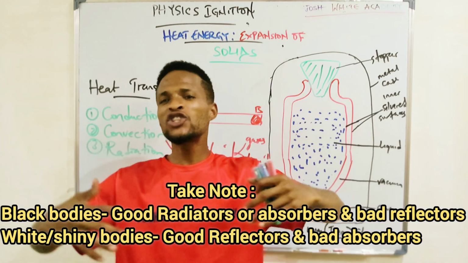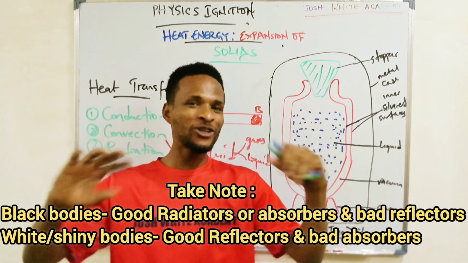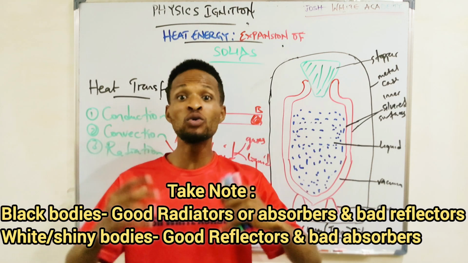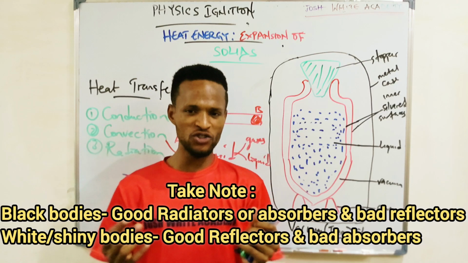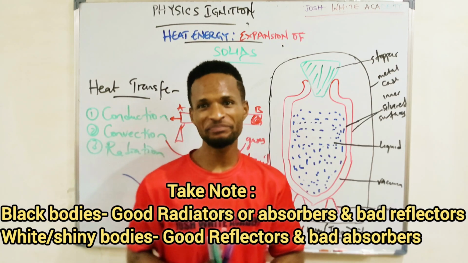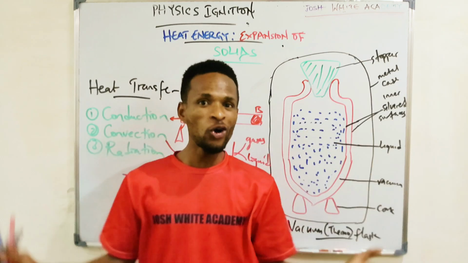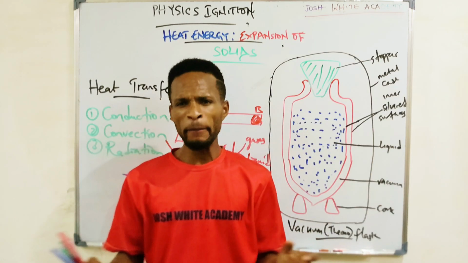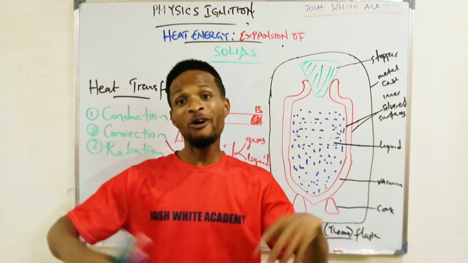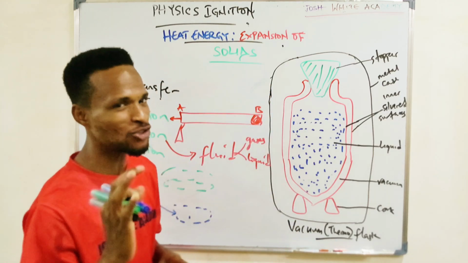Whereas white or silver colored clothes, or clothes that are well polished, are very good reflectors and bad absorbers or radiators. That's the reason why it's advisable to wear white or brightly colored clothes on a sunny day, because they are good reflectors of heat, whereas black clothes are good absorbers.